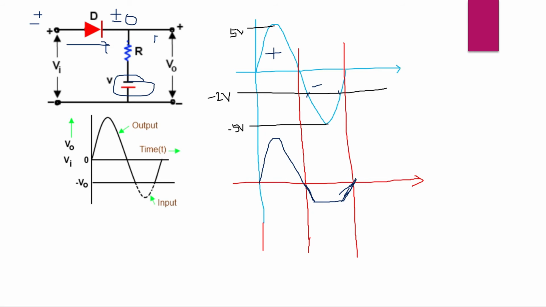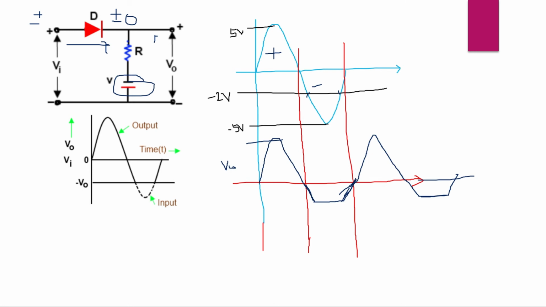In a similar fashion, in the positive half we get our input as output, but in reverse bias mode, whatever bias voltage we are giving will be our output. In this way, the series negative clipper circuit with a negative bias works.